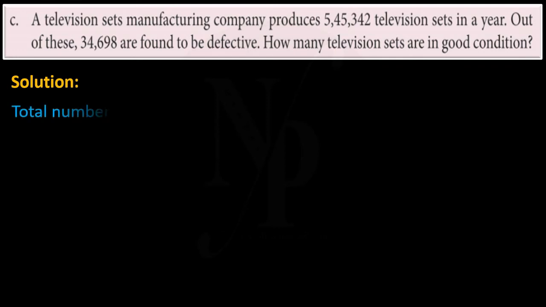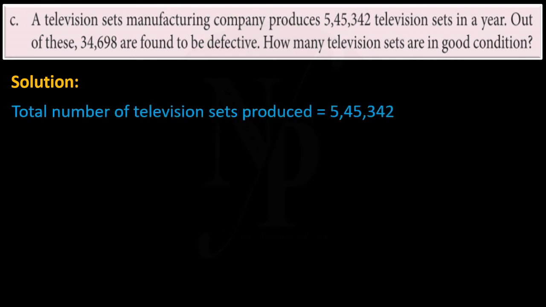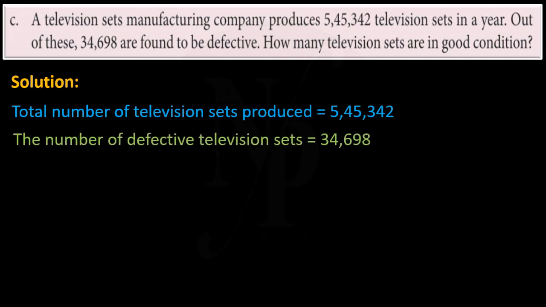Solution: total number of television sets produced is equal to 5,45,342, which is given in the question. Secondly, the number of defective television sets is equal to 34,698. So this is the number of defective televisions.